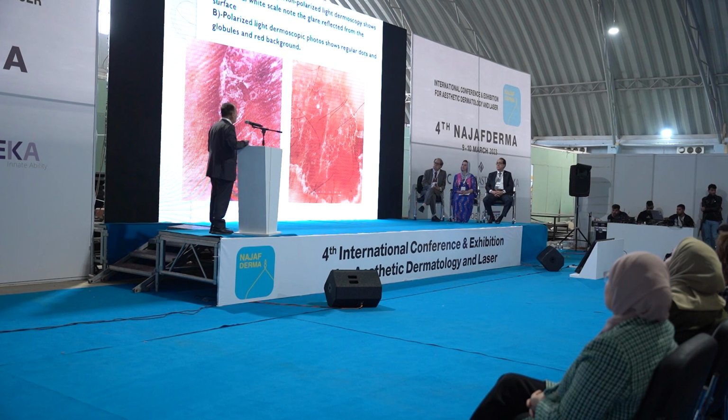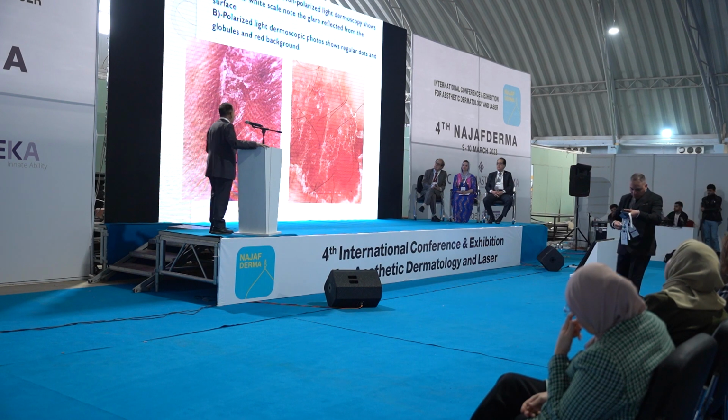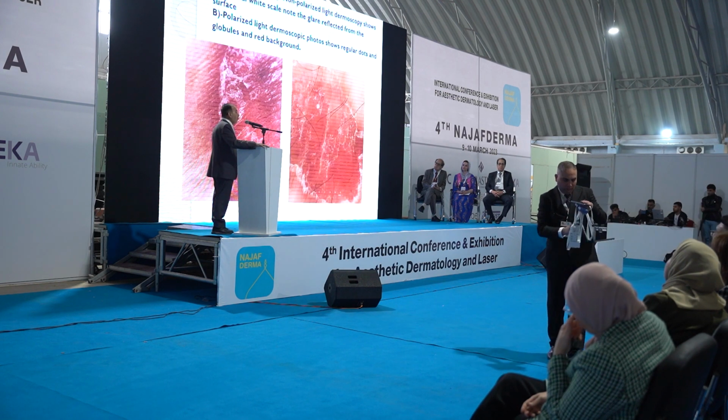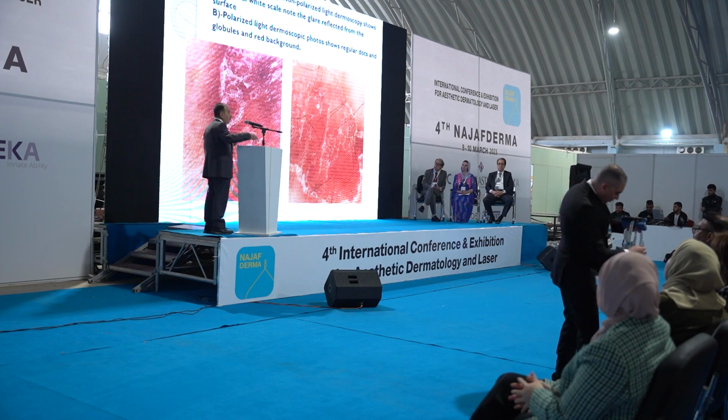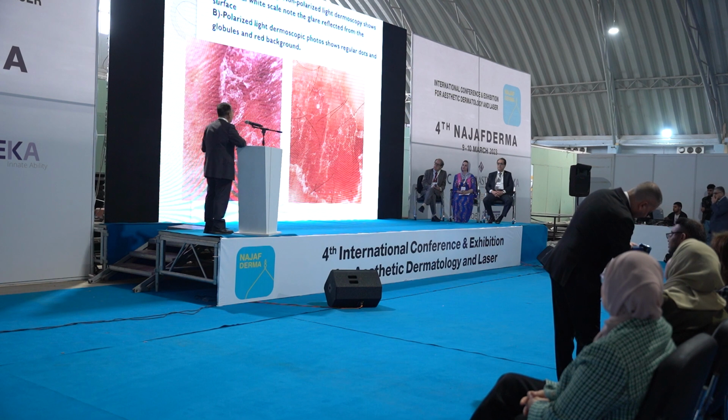There are no yellow color. And in addition, you see on the left picture, there are small dots and globules uniformly distributed. But when you take a look at the picture on the right, which is taken with a polarized light, which will take a view deeper, you see it clearly.